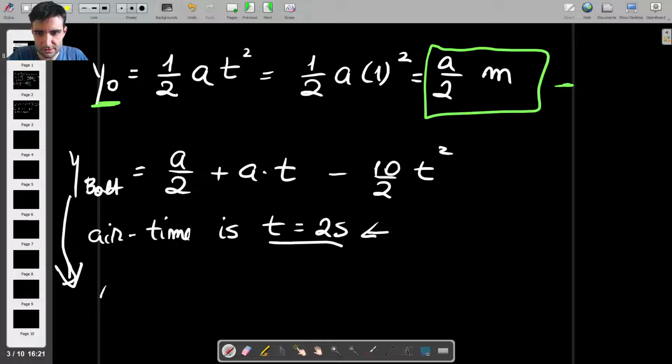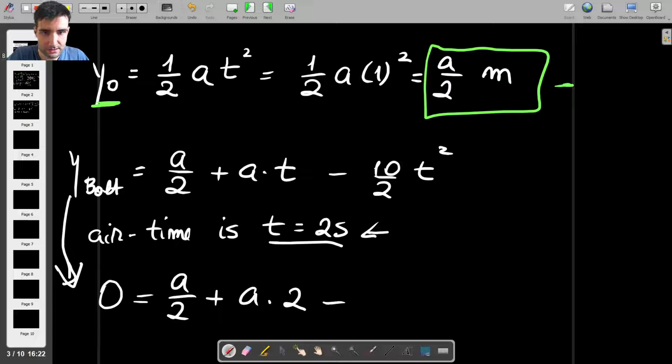So if we put the value of 0 for y bolt, that's going to be a over 2 plus a times 2 seconds minus 5 times 4. So this is one equation with one unknown, so we can find what the acceleration of the rocket is based on how the bolt has been moving until that point.